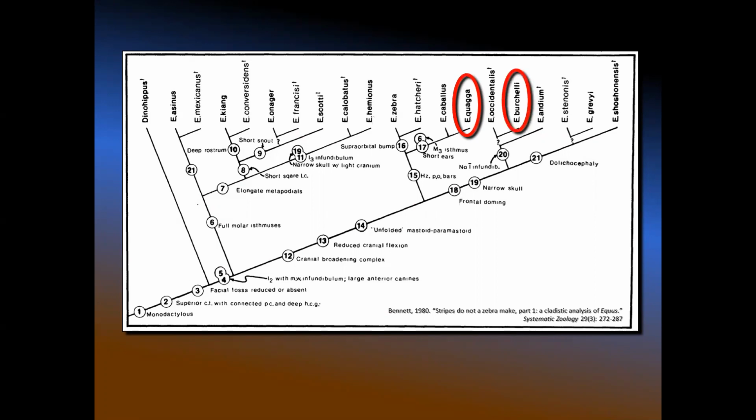And yet here is Equus burchelli, which back in 1980 was the scientific name for the plains zebra. And we just showed genetically that plains zebras and quaggas are the same species. And yet here in this cladogram, they're on completely different clades. They're on completely different branching lineages. And the implication from this cladogram is that they're completely different animals. And we know that that's wrong because genetically we know that quaggas and plains zebras are the same species.